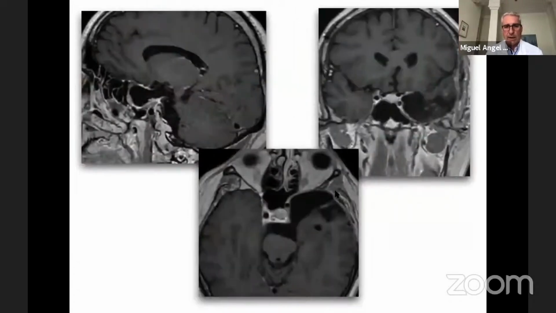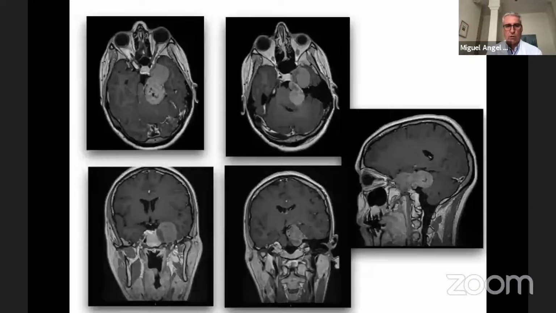This is the last slide after this operation, done maybe 1 year ago or something like that, with complete removal of the lesion, including the content of the orbit and, of course, the lateral aspect of cavernous sinus.